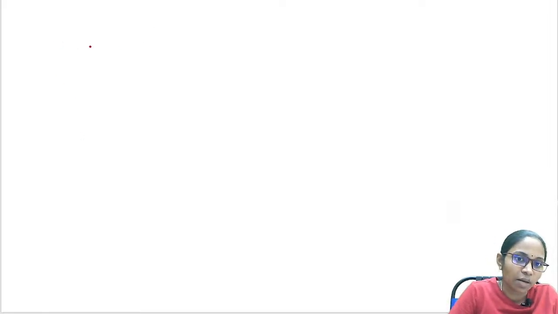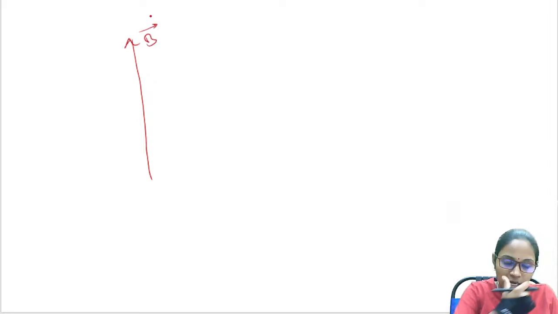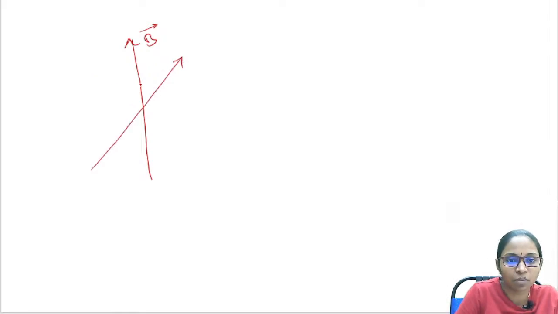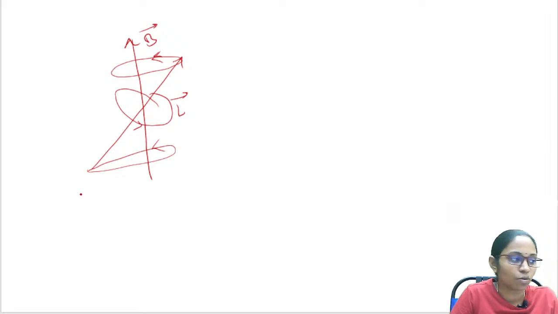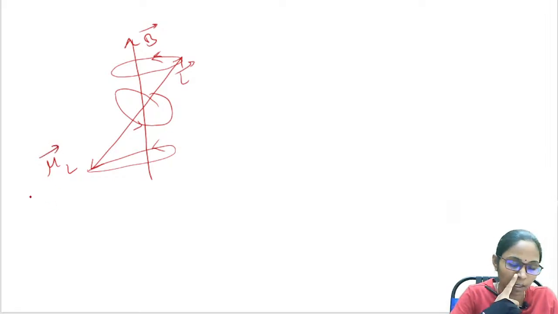What happens when you place the atom in the external magnetic field? The L bar, that is orbital angular momentum, will precess about this magnetic field. This is the precession of L bar, and opposite to this L bar you will have mu L bar.